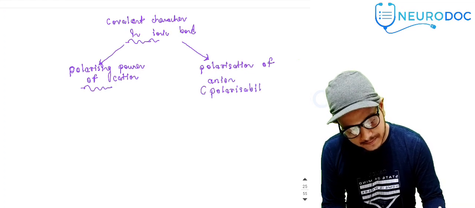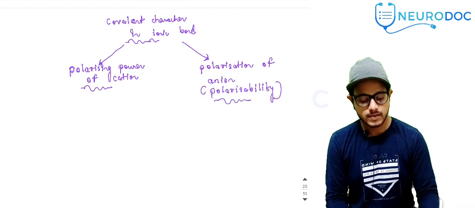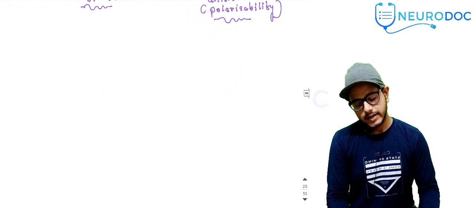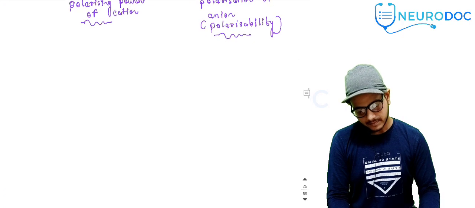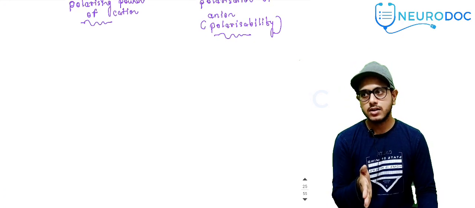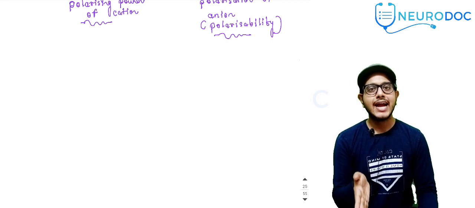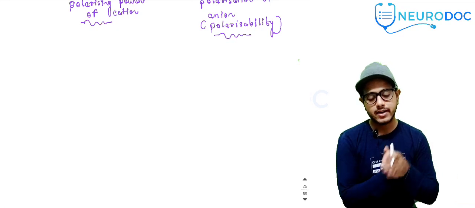Polarizability. Okay, right. Now we will see the factors which determine the polarizing power of the cation and the polarizability of the anion.